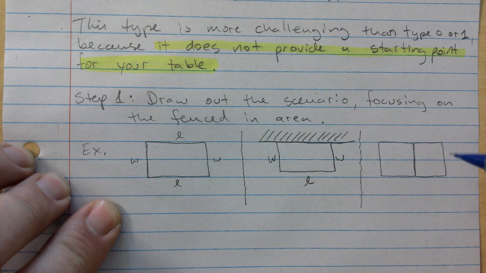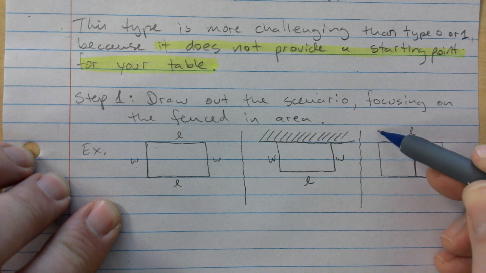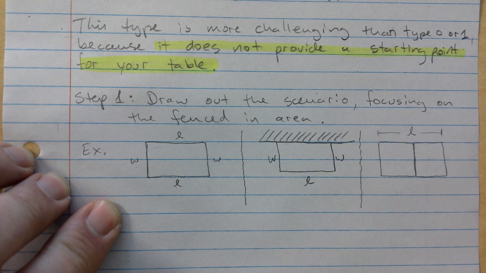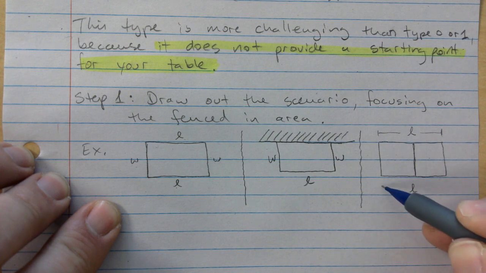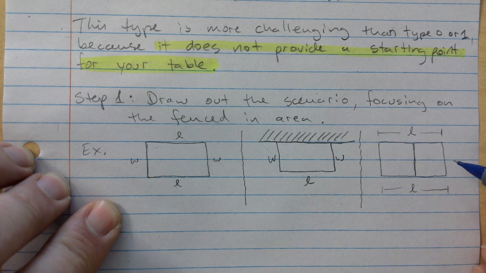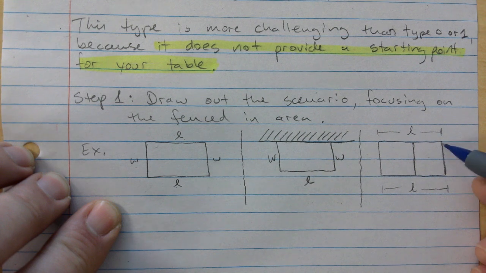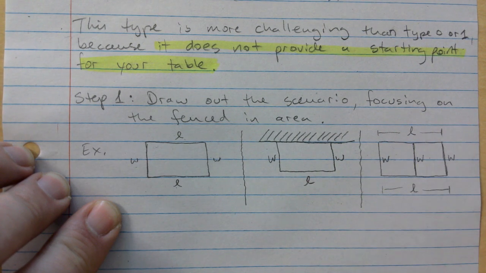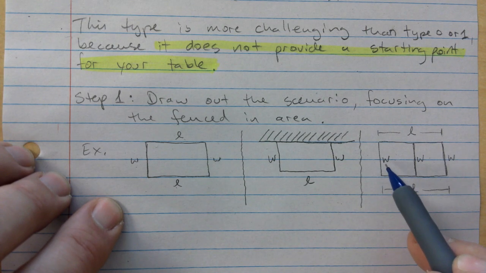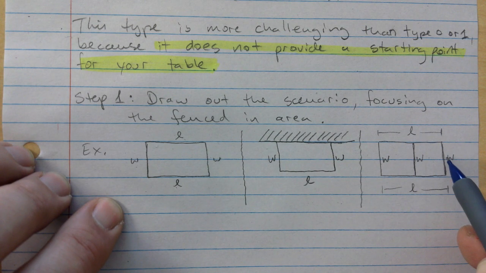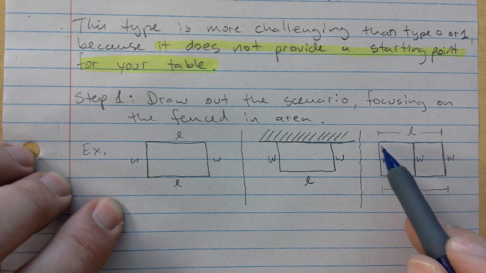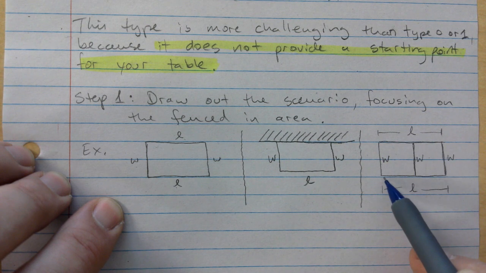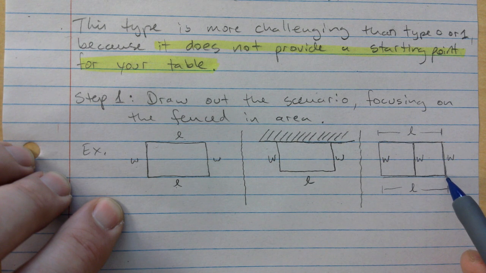In that case, you would have length going from here to here, and another length here. And these short sections that come across, those would be considered width. So there you have three sections that are considered the width of this cage, and then two long sides going along here, okay?